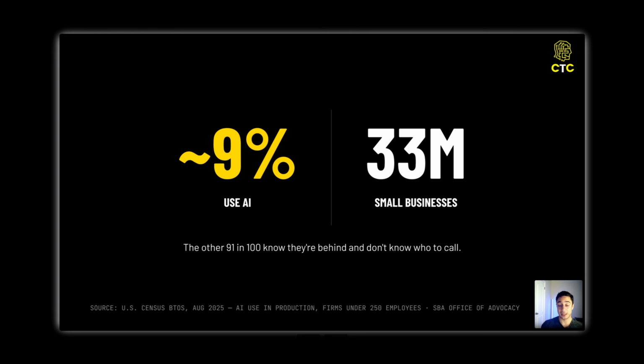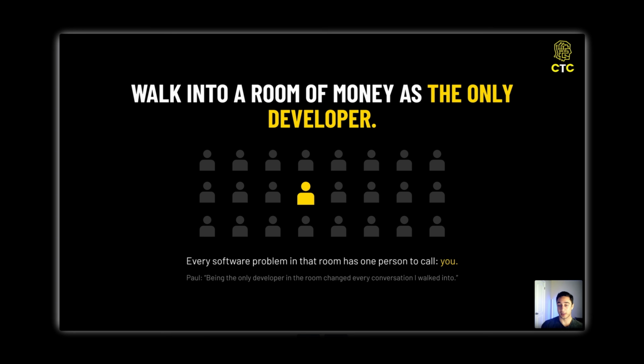The other 91 in that 100 know they are behind, but they do not know who to call or who to go to, okay? So whenever you walk into a room of money in your city or in your area as the only developer, everybody in that room who has any type of software problem is going to take a look at you and call you whenever push comes to shove.